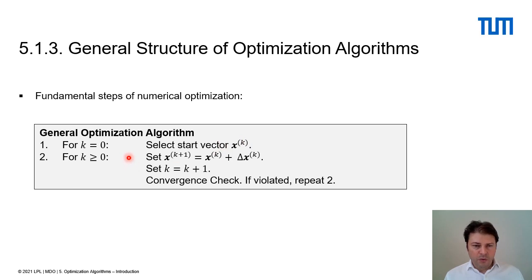And then in a loop we will specify the next iteration design vector, k plus 1, by adding an increment to xk. Then there will be some convergence check, and if that is satisfied, then you abort, and if it's not, then you go back to step number 2 and repeat it until you're done and the convergence check is satisfied.